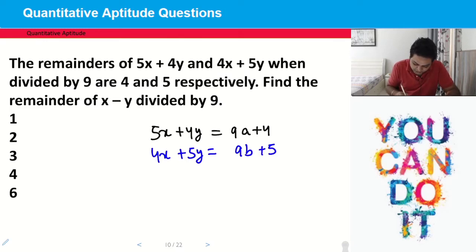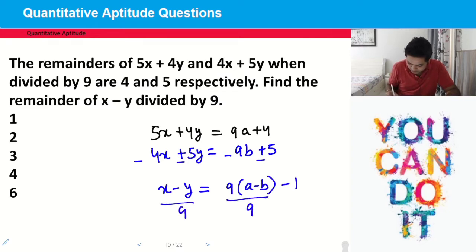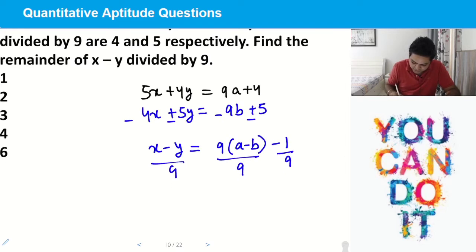Now if I subtract them, so we have x minus y equals to 9(a minus b) minus 1. Now divide this thing by 9. So we can divide it individually by 9. So this gives us 0 as remainder, and it gives us minus 1. So the final remainder is minus 1.